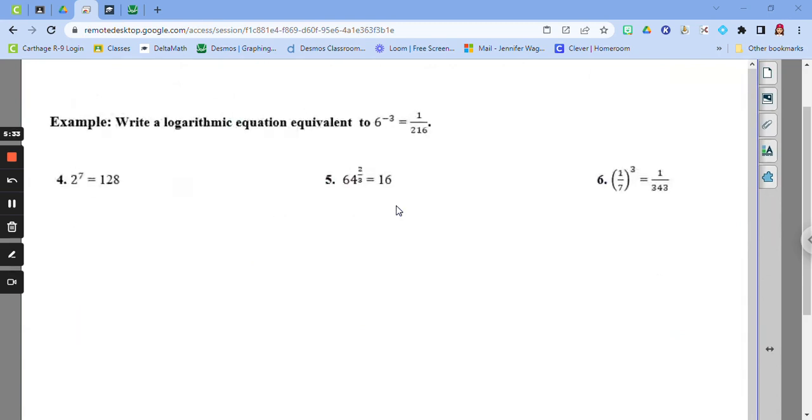Okay, so here's what we kind of started doing with the graphs. We have the equation b to the y equals x. That's what we started working with.